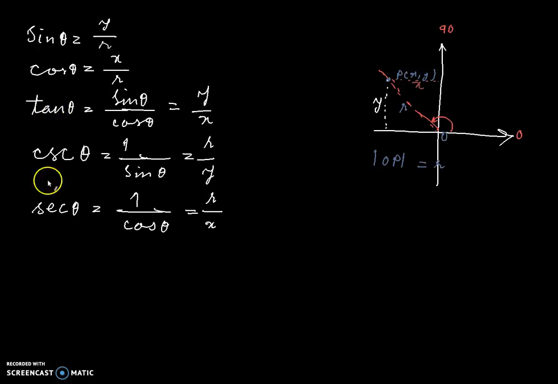And you have cot theta, which is 1 by tan theta, which is cos divided by sine theta, which is x divided by y.